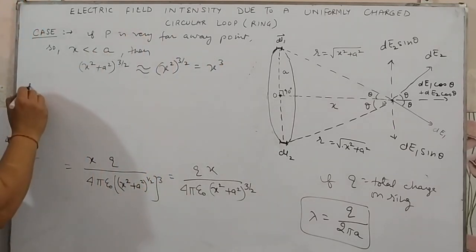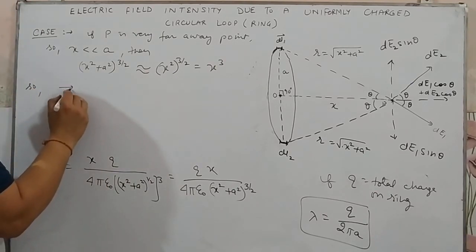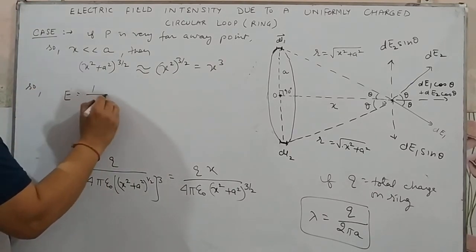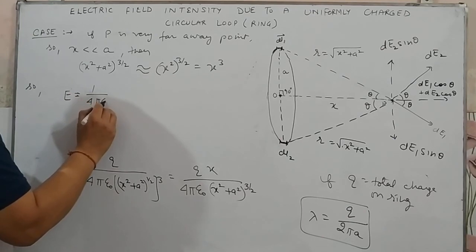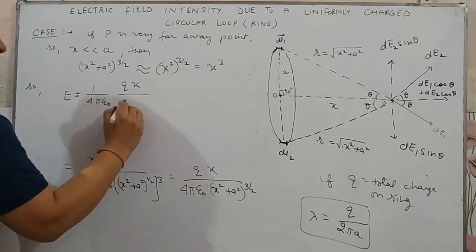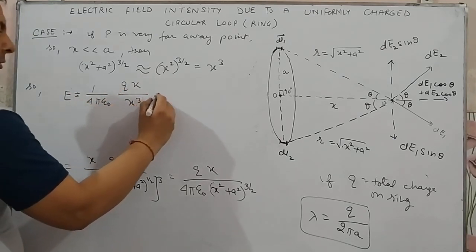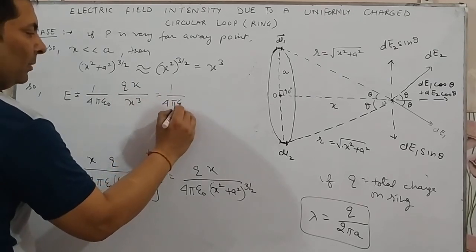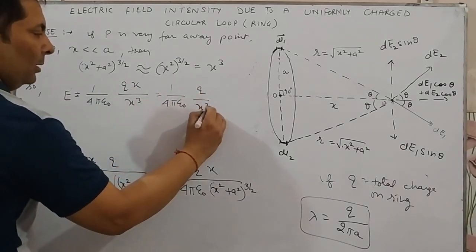Okay, so in such a case electric field intensity will be equal to 1 upon 4 pi epsilon naught qx upon x cube, which further comes out to be 1 upon 4 pi epsilon naught q by x square.